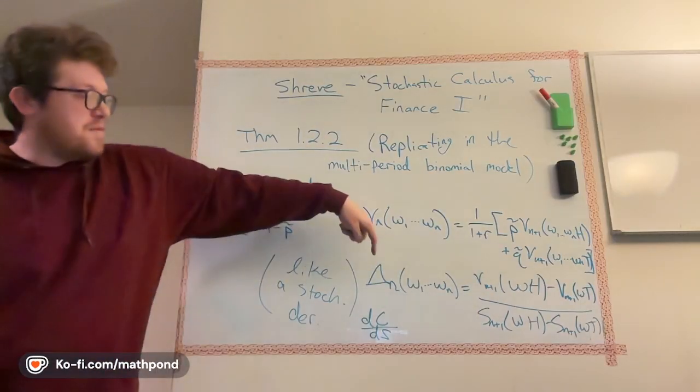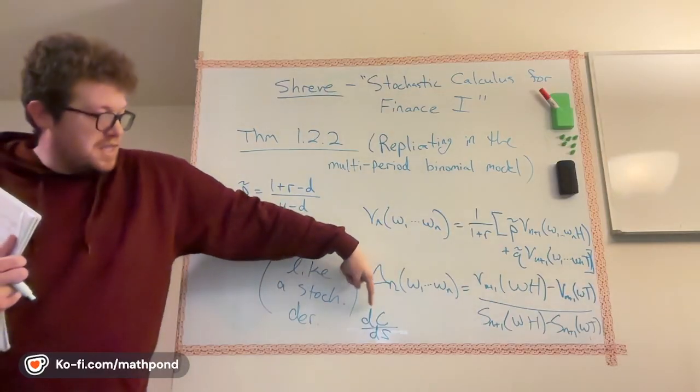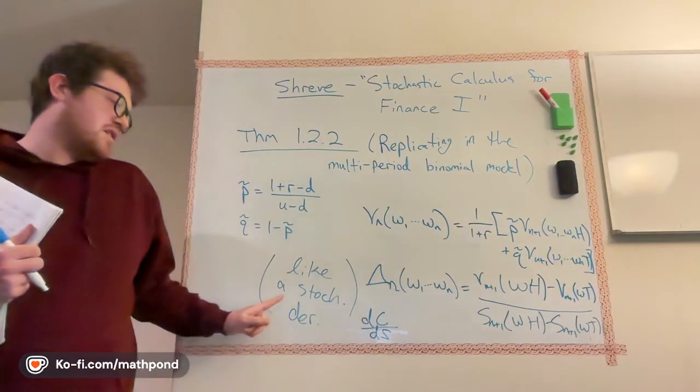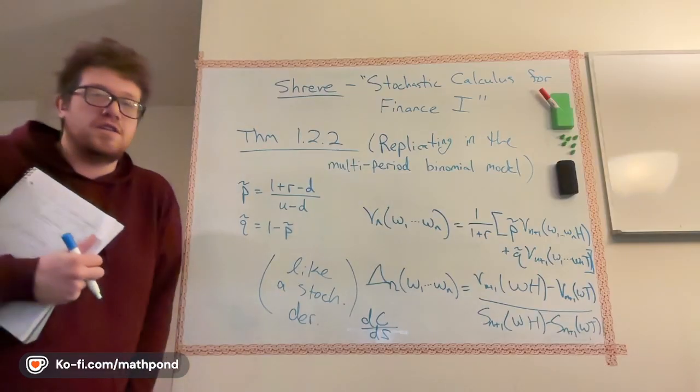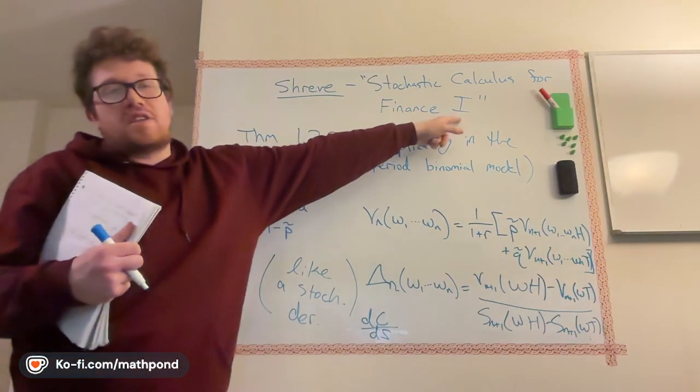So this is sort of playing the role in the continuous version that this dC/dS thing would play for the stochastic calculus stuff that I guess Finance 2 talks a lot more about.